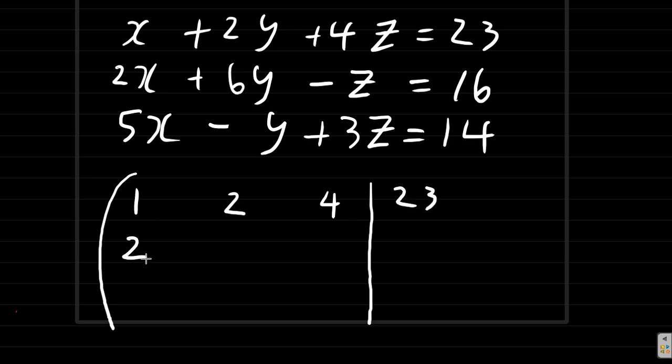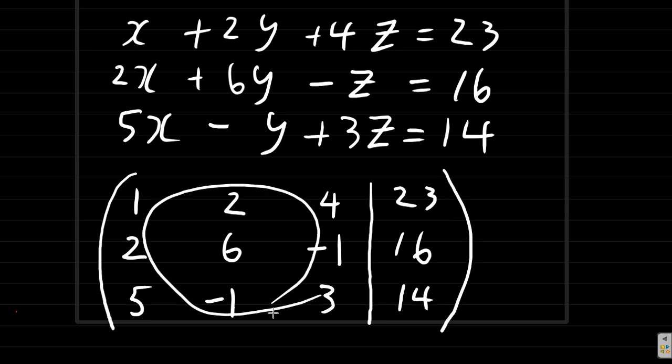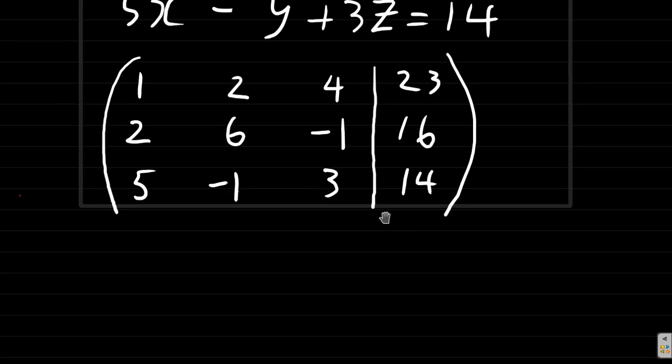So we have 2x, 6y, negative 1z, and 16 on the right. We have 5x, negative 1y, 3z, and 14. So these are the coefficients of x, y, and z. Now remember, our aim is to get 0 here, 0 here, and 0 here.